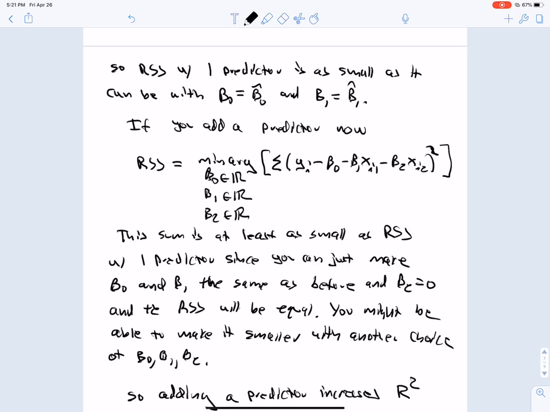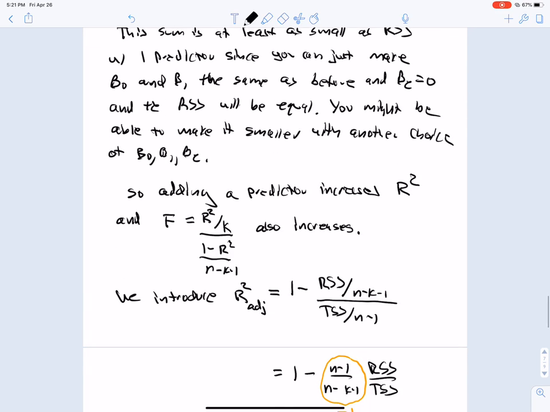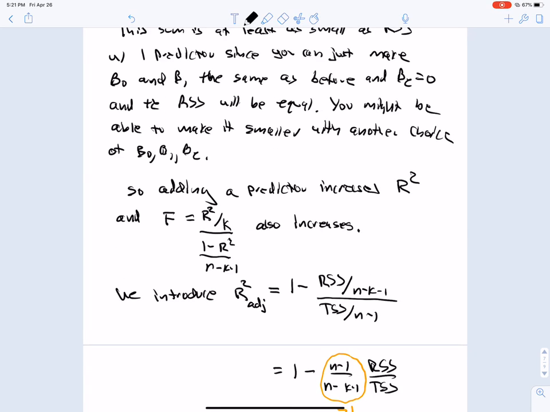So you might be able to make it smaller with another choice of beta 0, beta 1, beta 2. So adding a predictor increases R squared, and the F test statistic also will increase because as R squared gets larger, the numerator gets larger and the denominator gets smaller.